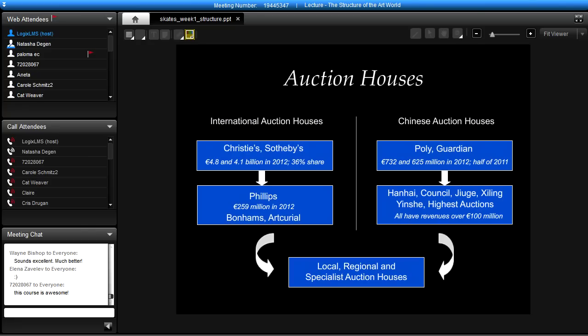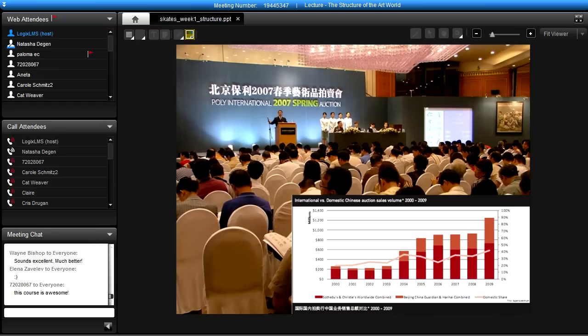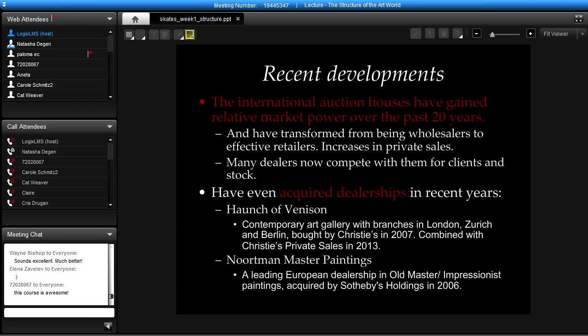Also worth noting, though, that these auction houses, and I'll go to the next slide now, we've really seen remarkable development, particularly in the last few years. And as I note on the previous slide here, even though the revenue, over 700 and over 600 million euros when it comes to Poly and Guardian, is extremely high, that's half of the revenue in 2011.